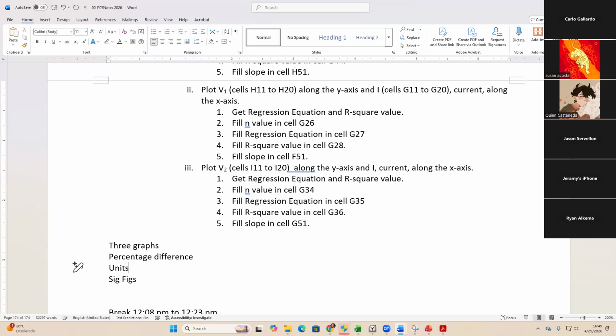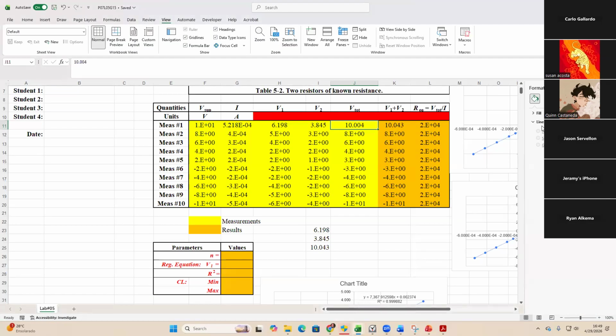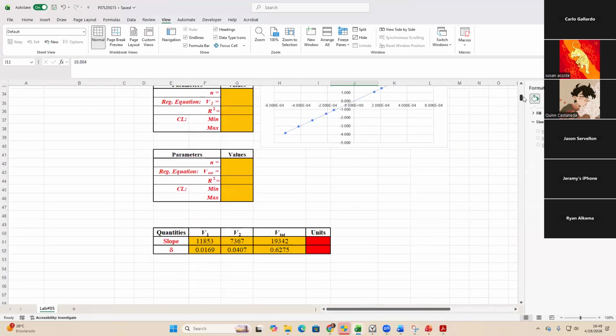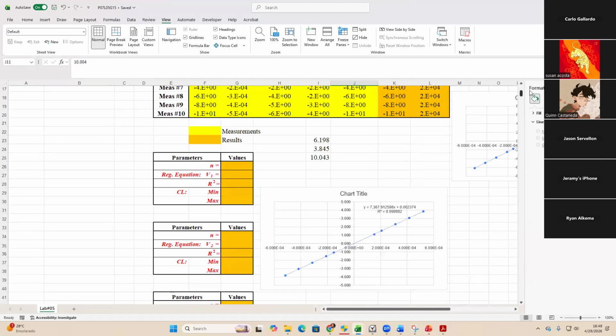Percentage difference in the last table. Units, sig figs. Did I number the tables? No, I didn't number the tables, but it should be the second, third, and fourth table.